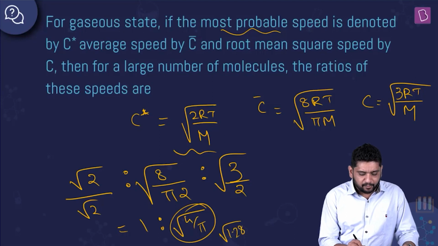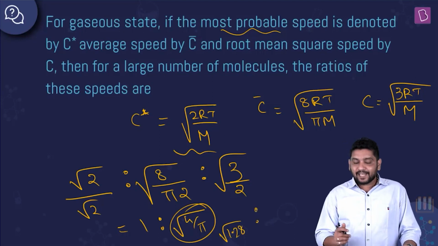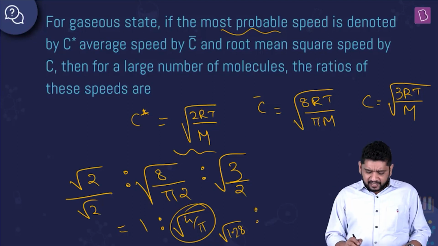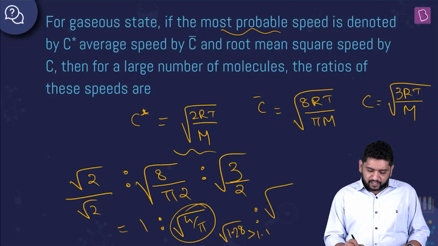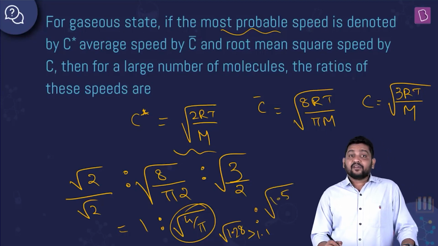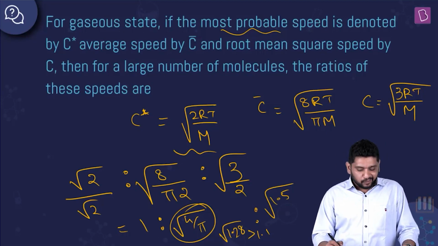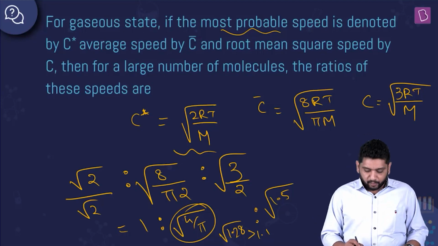Now, what can I say about root of 1.28? The root of 1.21 would have been exactly 1.1, so this is slightly greater than 1.1. Now we have root of 3 by 2, which is root of 1.5. What can I say about root of 1.5? 12 square is 144, so 1.2 square is 1.44.